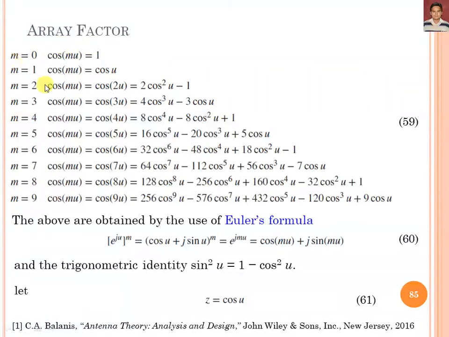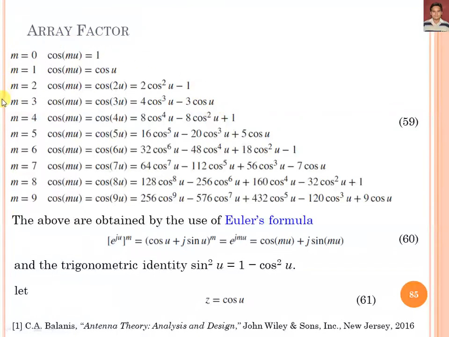Then for m equal to 2, cos 2u, and this is the trigonometric identity we can solve, equal to twice cos square u minus 1. Similarly, m equal to 3, we are putting cos 3u which is equal to 4 cos cube u minus 3 cos u.